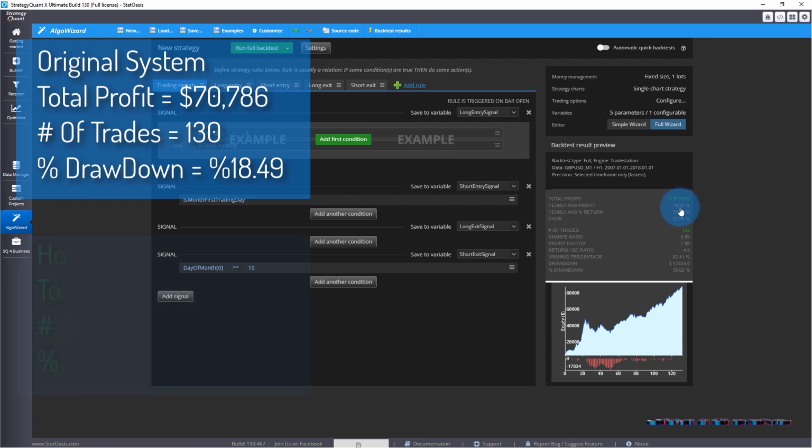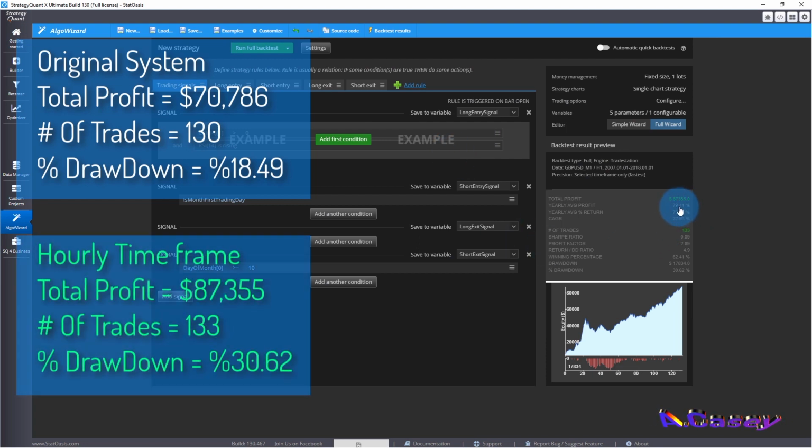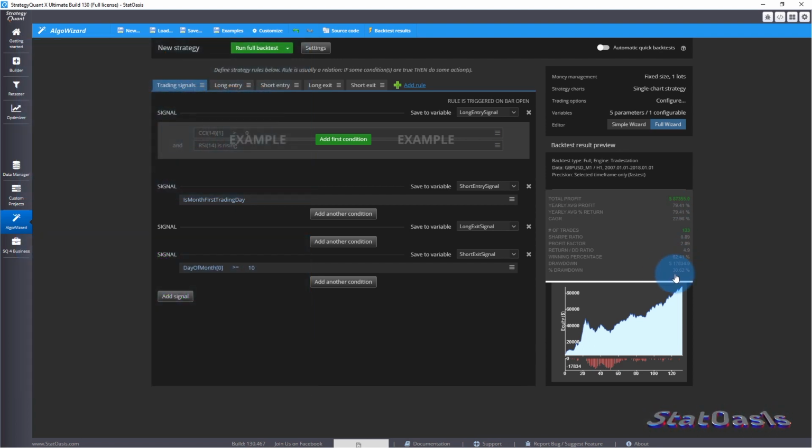And now you can see that it is significant. We're making 87, so that's $17,000 more, of course with almost double the drawdown. But still, it's significant here. And we can reduce the drawdown later, maybe through a stop loss, because we don't have a stop loss yet.